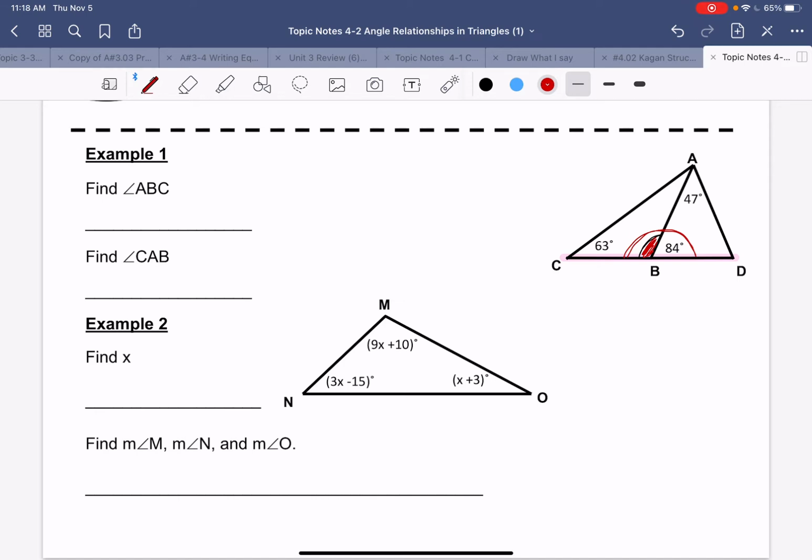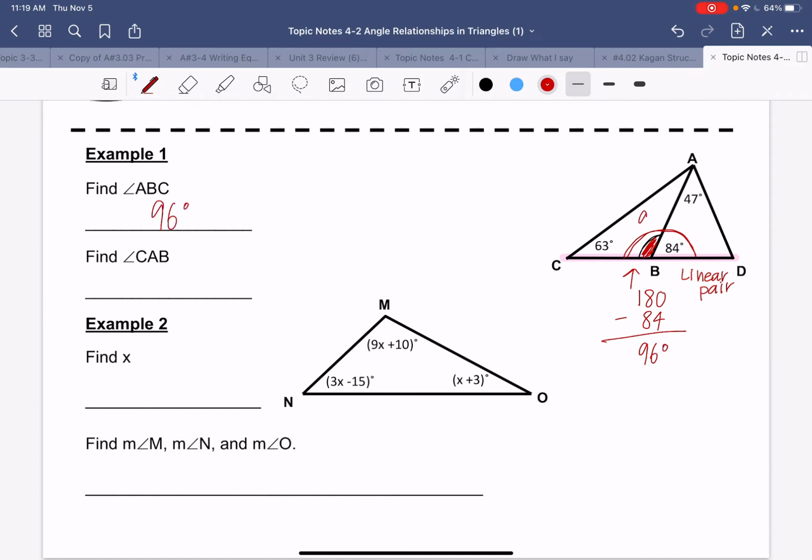To find this angle, I'm going to do 180 subtracting 84 because it's a linear pair. And you should get 96 degrees. So this angle is 96 degrees.